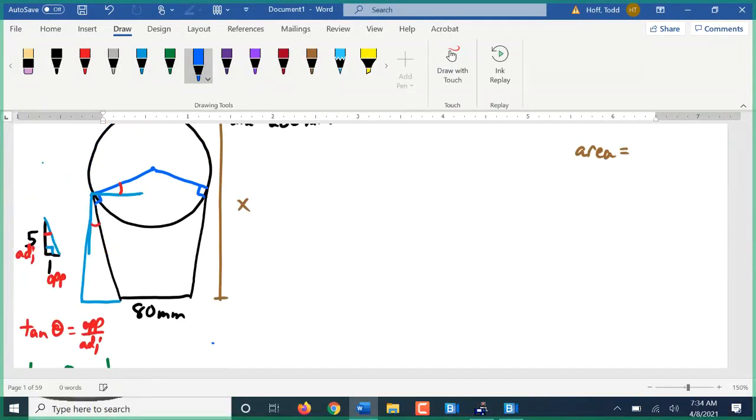So that angle being 11.31 degrees tells us that this angle over here also has to be 11.31 degrees, because the radii of the circle are the same length, so that's an isosceles triangle. Because this is symmetrical, we know this point and this point are the same height, so that horizontal line we drew in does connect them.